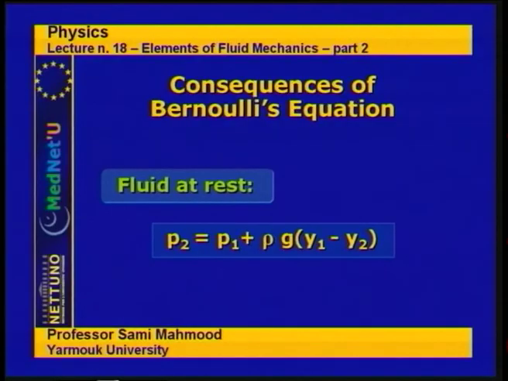And as consequences of this equation, for fluids at rest, we eliminate V. V is 0, and we obtain the same equation that we obtained previously for fluids at rest: P2 equals P1 plus rho G into delta Y.